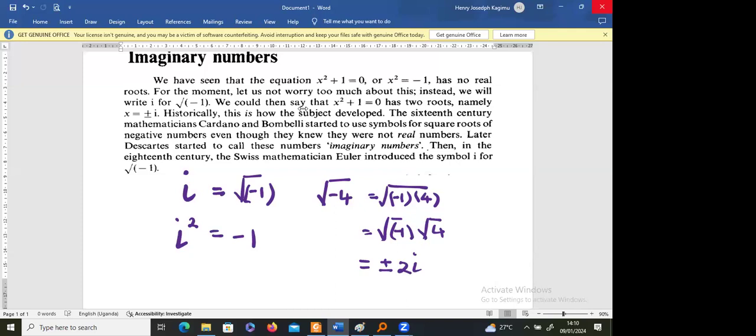In the same way, by the way, the square root of -1 can be taken to be plus or minus i, because it is the i and the square root of 1. So we can take it to be plus or minus i. And in the same way, here, the square root of -4 is the square root of 4 and the square root of -1, which becomes plus or minus 2i. That then solves many of our problems that we have come up with here in our work.